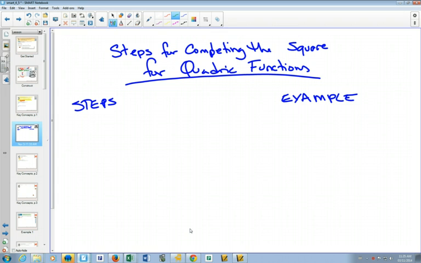Okay. Now, before we get to our steps and our example, it's important to understand what our goal is. And our goal is to change y equals ax squared plus bx plus c, which doesn't help us whatsoever. Well, it tells us if it's going up or down, because the a value tells us that, and if it's narrower or wider.